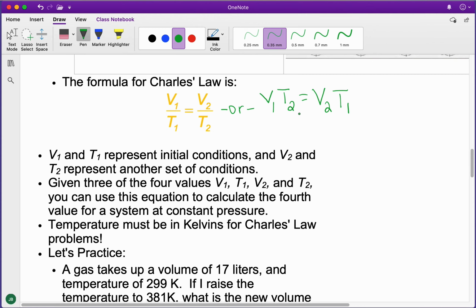Now, most of your textbooks, YouTube videos and websites are going to write Charles's law as you see it on the left. But once again, if that fraction really scares you, you do have another way that you can learn and memorize Charles's law. And yes, I do think that you should memorize these different formulas.